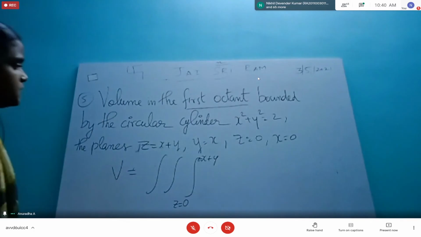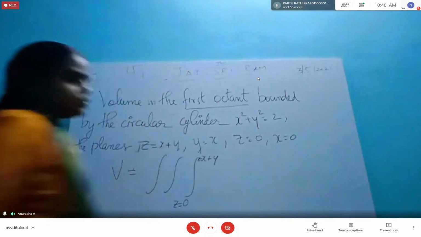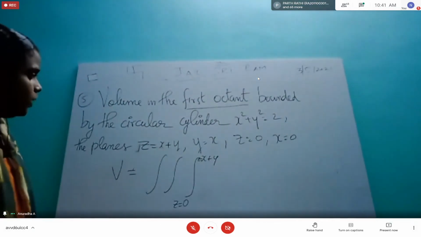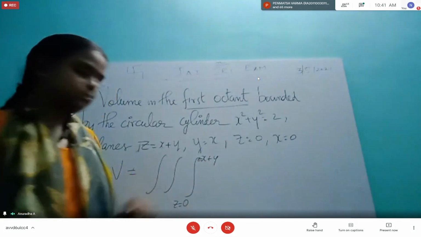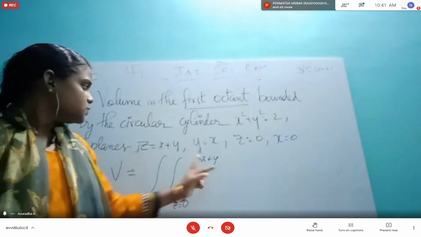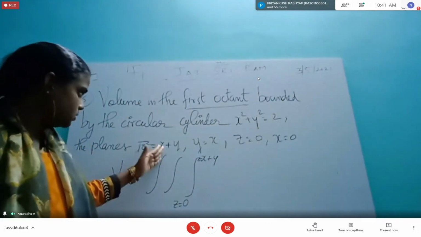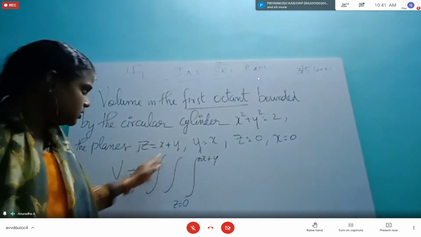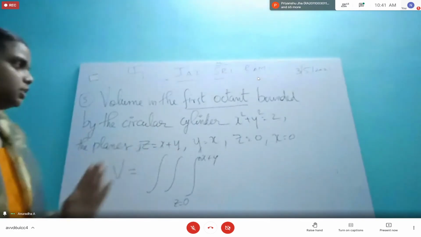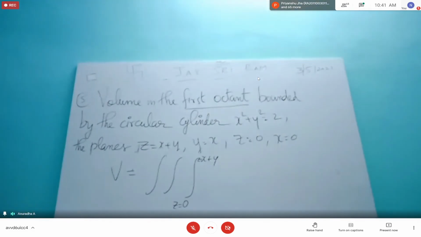Then x equal to 0, y equal to x. Two things we have in our hand. Why am I writing z as the innermost limit? Because you see I have x and y. If I write z as the outermost limit, then I have an equation in the outer limit. I shouldn't have that. An equation must not come in the outermost limit.